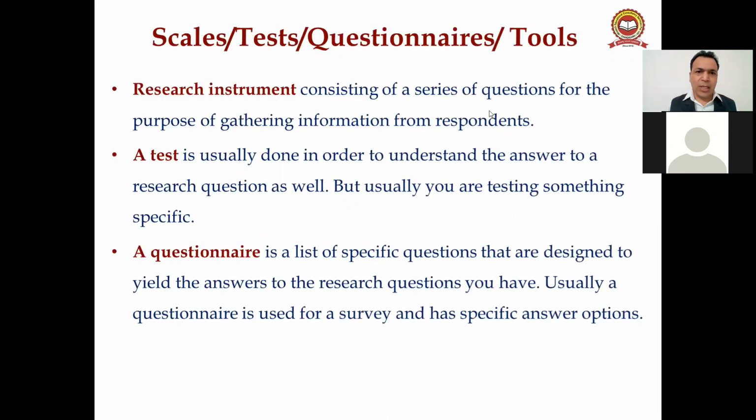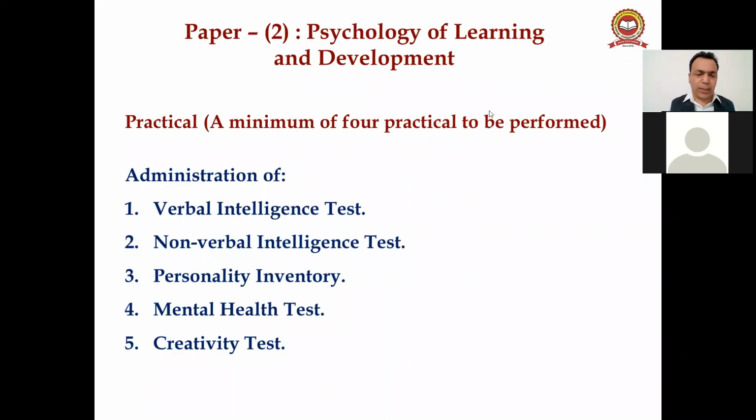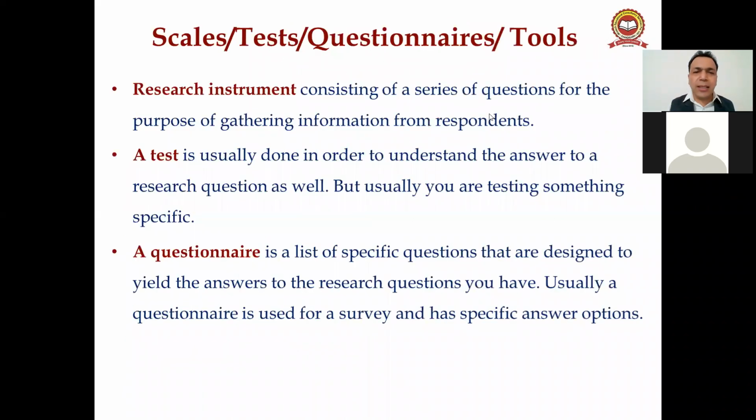Right, guys? So first of all, we discuss what these tests are. What is the meaning of test? What is the meaning of scale, questionnaire, tool, research instrument? So guys, these are all the same word. Don't get confused. Whenever we have to assess the behavior of a person, there is a need of a tool, a questionnaire.